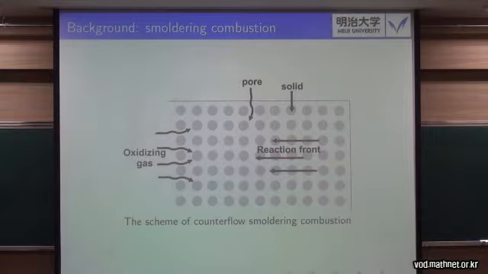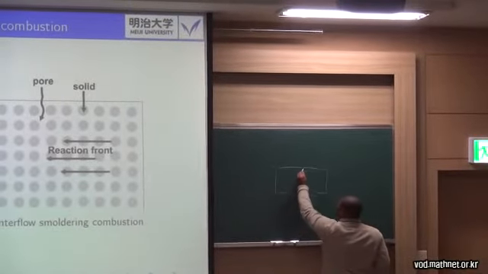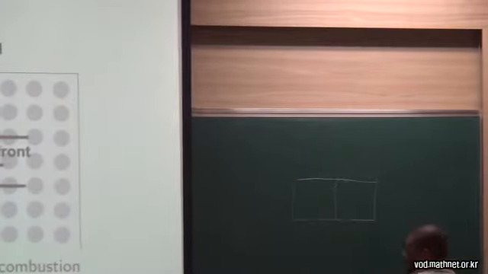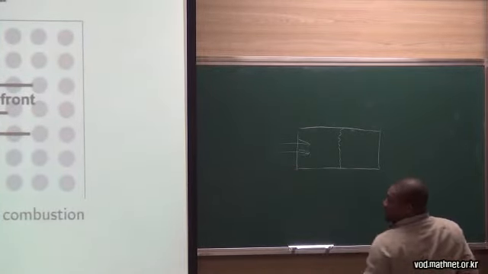So this smoldering configuration does not actually promote the propagation of a flame, because oxygen as an oxidizer is moving in from this direction, and suppose this is the location of the reaction front, and we have flow from this direction.